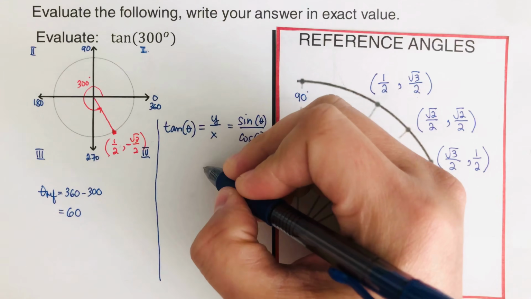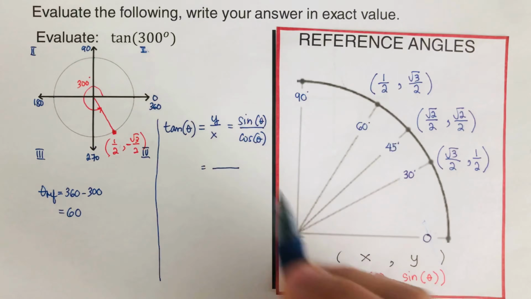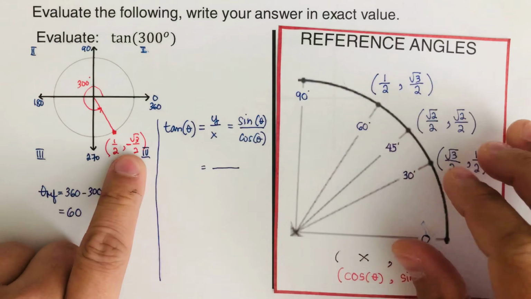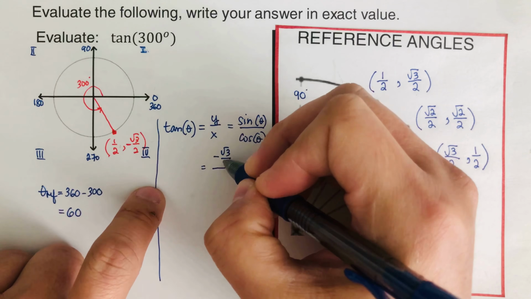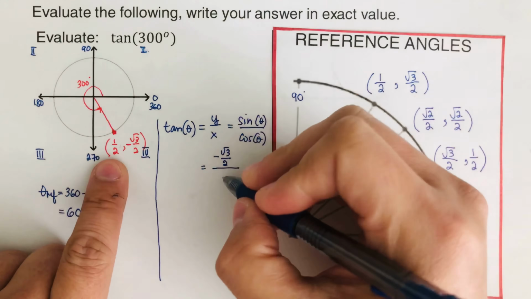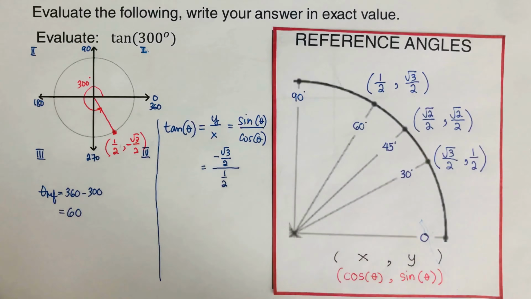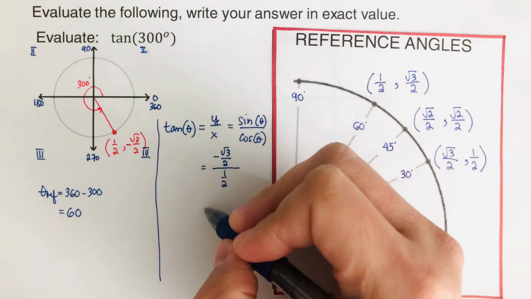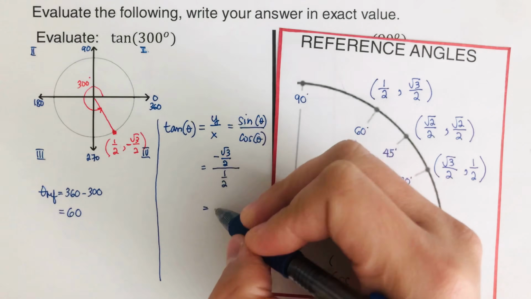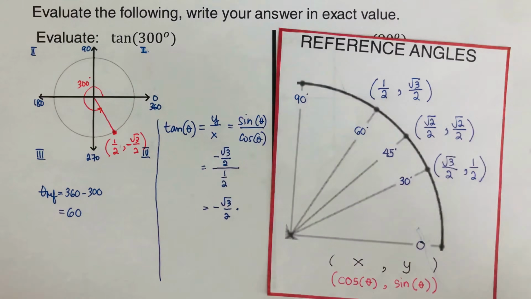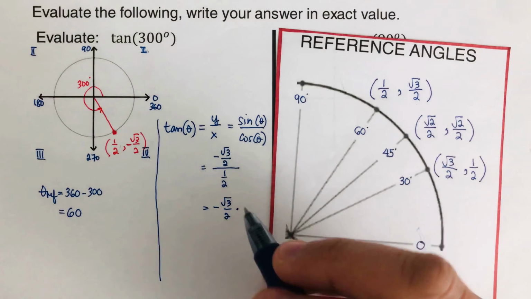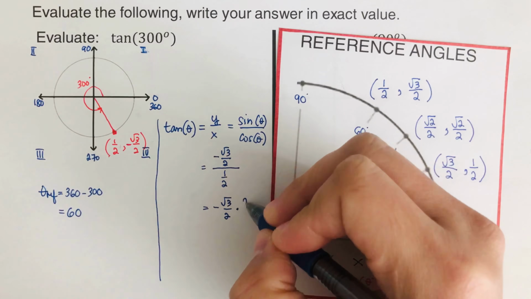So we go ahead and plug the values in. So we start with y. So our y is square root of 3 over 2. That's a negative. So I'm just going to write that up here. And then the denominator is the x, which is 1/2. And so we have a fraction over a fraction. So what we are going to do is write the numerator first. So that's negative square root of 3 over 2 times. We are going to flip the denominator and multiply across. So that would be 2 over 1.